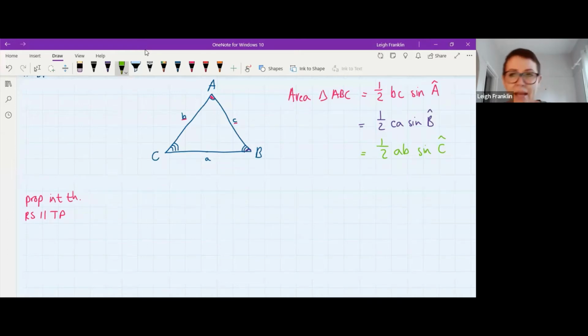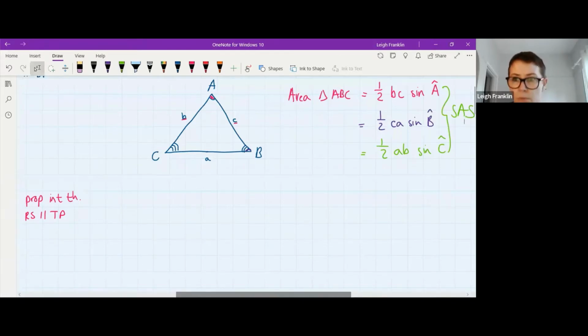But it has to be a side angle side situation: a side, the included angle, and another side. Does that make sense to you? So all of these here are side angle side. Does that make sense, Matrix? Yes, ma'am. Everybody else, you happy?